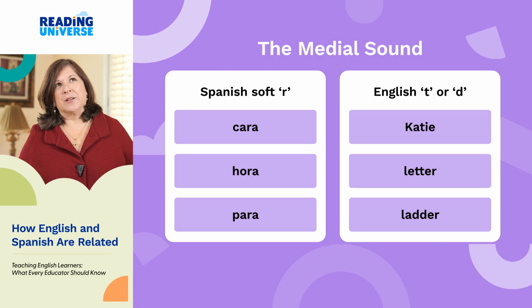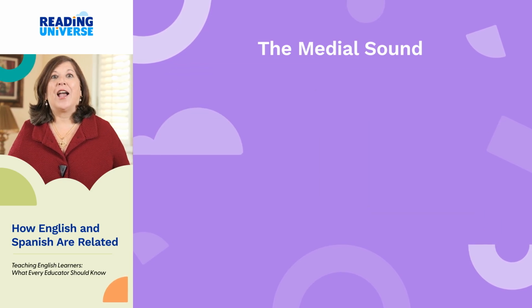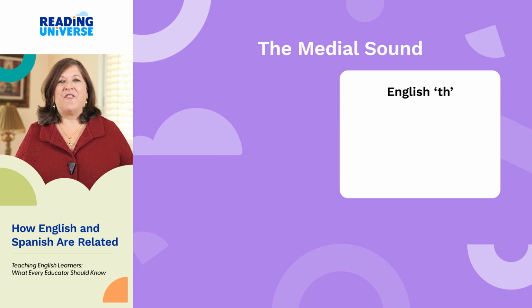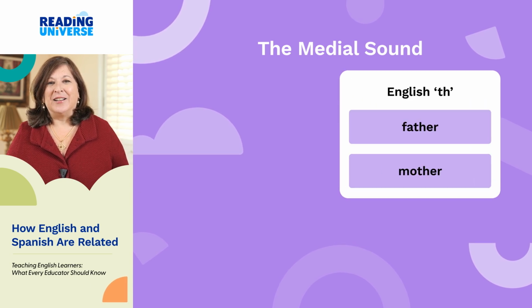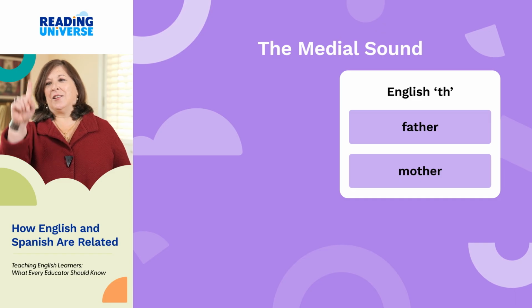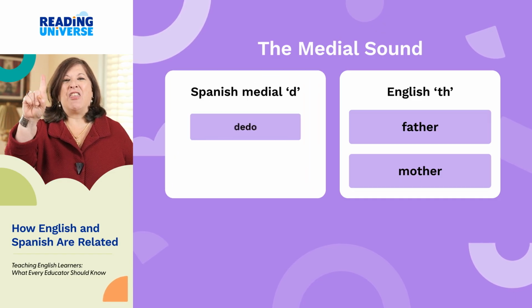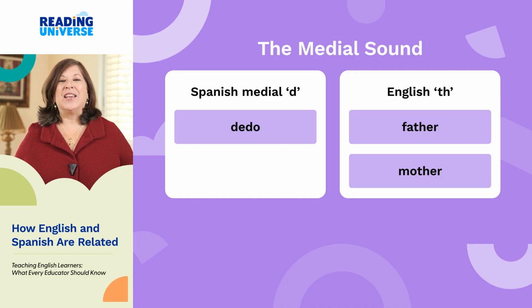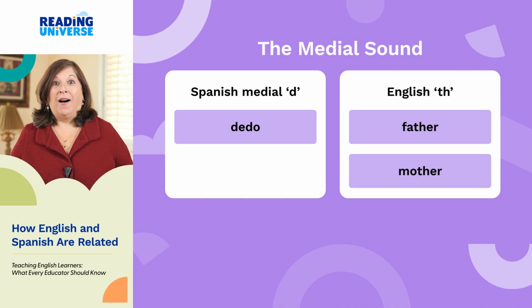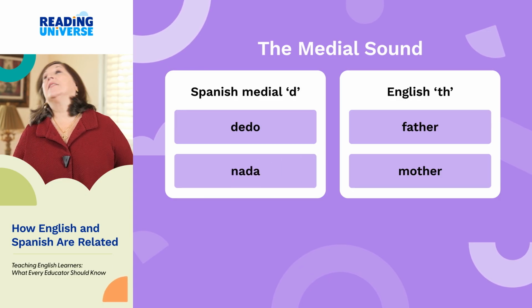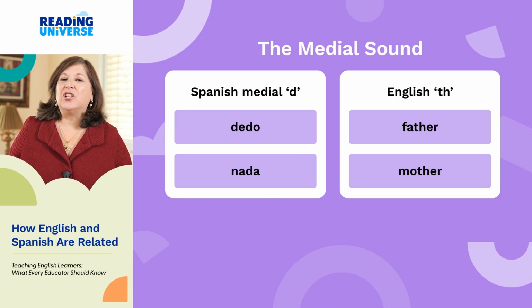So that's so important. Another sound that's so challenging is the sound for TH, like in the words father and mother. And you know what's going to happen? Everyone look at your finger. I want you to say D-E-D-O, dedo. Say it like me. Look at my mouth. Dedo. D-E-D-O. But that second D, I pronounced it differently from that first D, right? The second D was pronounced like English.